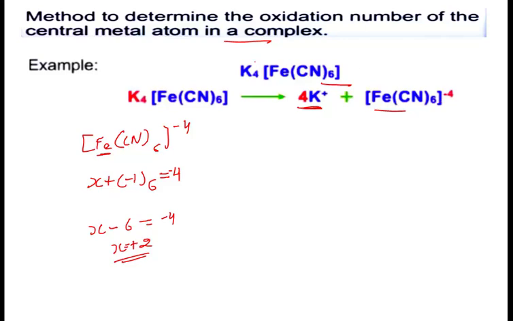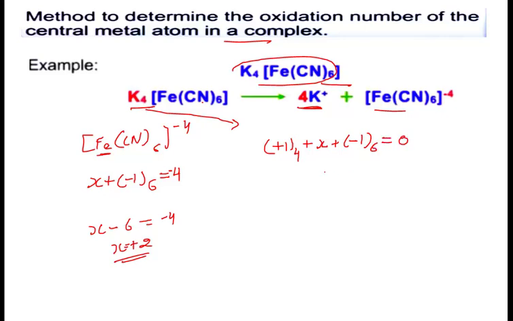Now in case we have to take this whole neutral species and calculate for it, first of all, for K4, what will we write? It will be +1 into 4 plus X plus -1 into 6, right? Now because it is neutral, we will equate it to 0.